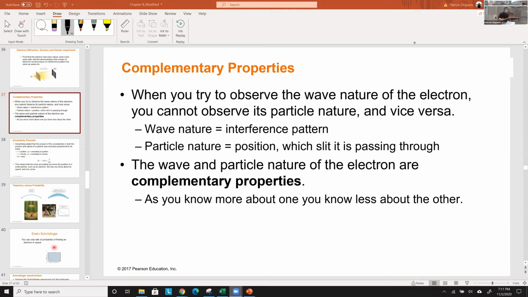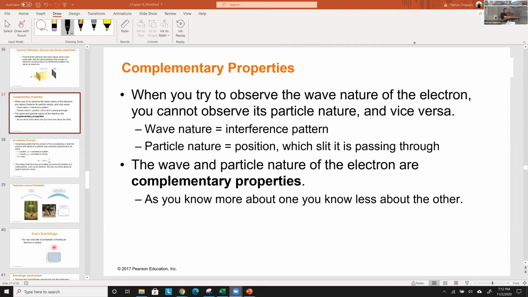When you try to observe an electron, you can't observe its position and its momentum at the same time. So you either know where it is or you know where it's going. You don't know both because of how fast and elusive electrons are, in not really scientific terms, basically.